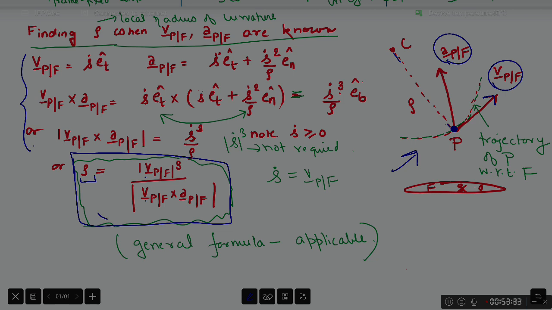This expression is general in the sense that rho is a scalar, and the quantities appearing on the right hand side are operations performed on vectors. So this expression itself is coordinate system independent.